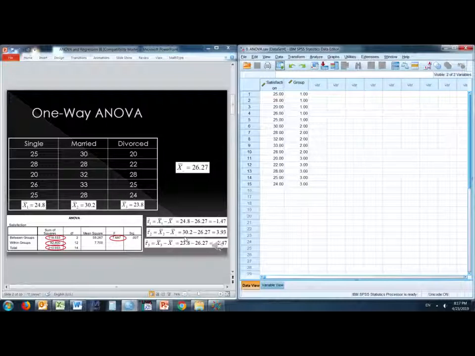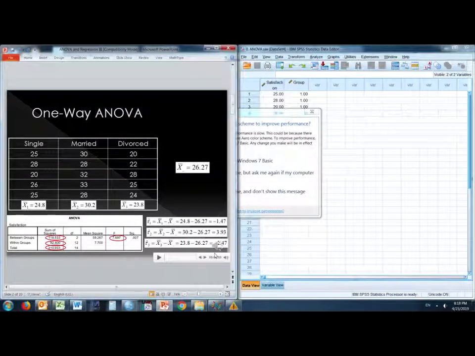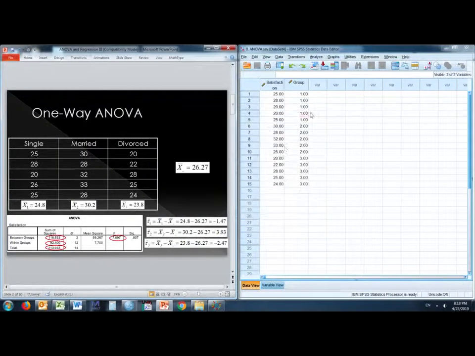So it is 30.2 minus 26.27, which is 3.93. The effect size for the divorced group is the group mean minus grand mean, which is negative 2.47. So this is one-way ANOVA.